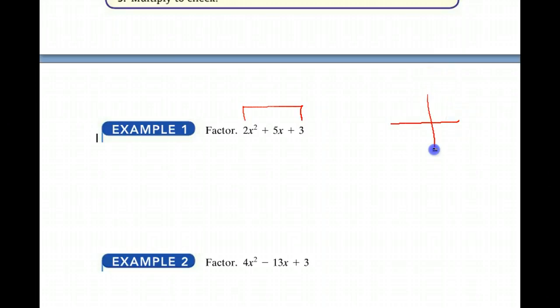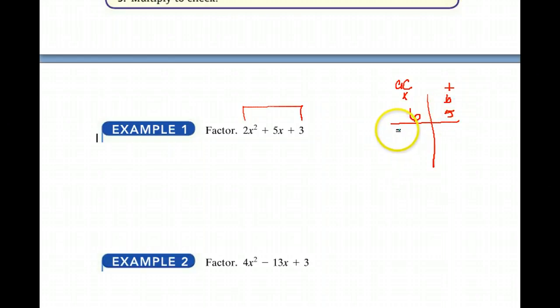We're still going to set up a t-chart to help us find factors. So we want numbers that are going to multiply to AC but add to B. So once we multiply AC, 2 times 3 makes 6. We want numbers that are going to add to positive 5.